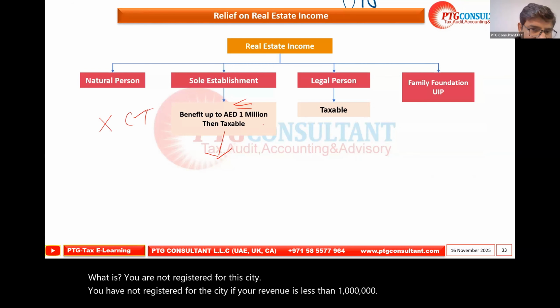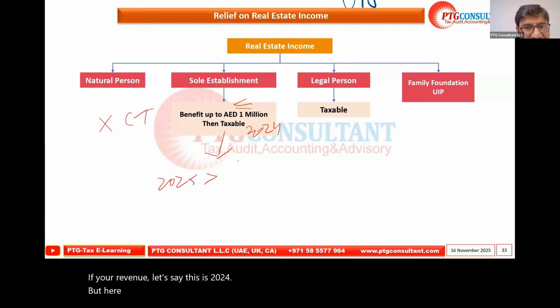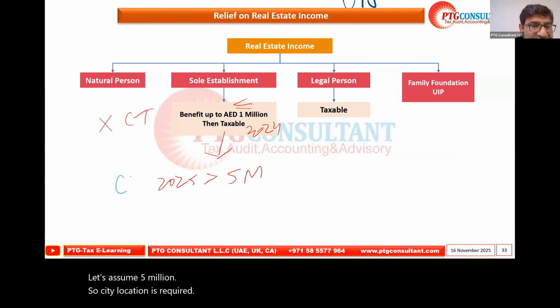But what if your revenue, let's say this is 2024, but here 2025, your revenue is, let's assume, 5 million. So city registration is required.